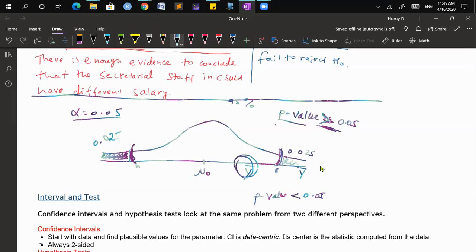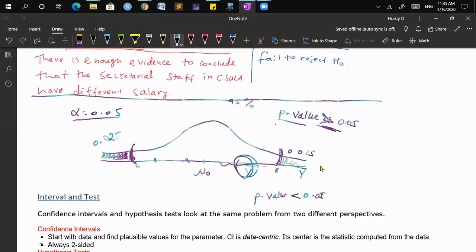So it's possible because randomly, since we are selecting our data randomly, it's possible to have y bar somewhere in all these areas. Okay, so it could be because of randomness that we got this y bar, which is some distance from mu naught. So it's possible within this interval.